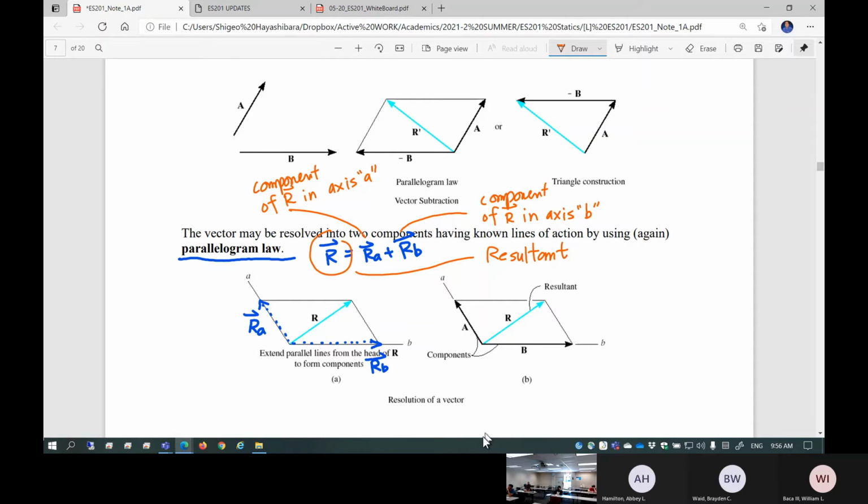Okay, so this is quite a bit. This can be done a lot of times in many classes you're going to take from now. A very, very important concept of vector quantity. A vector quantity can be resolved, which means divided into lots of different components. That's resolve. Okay, and then you can add them up to come up with a resultant.